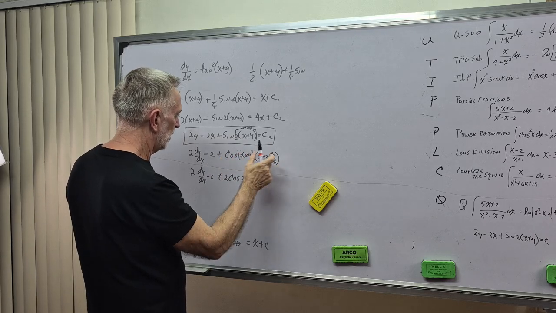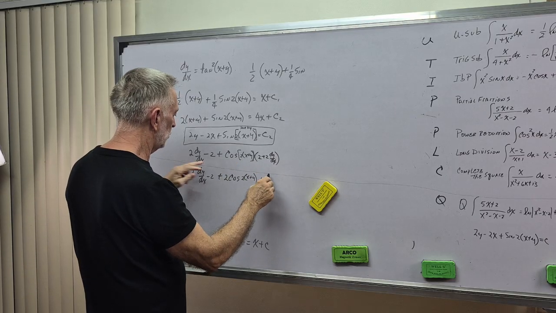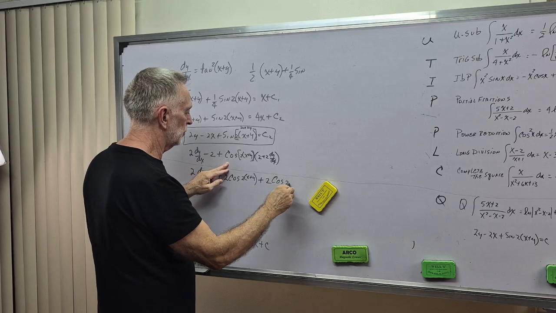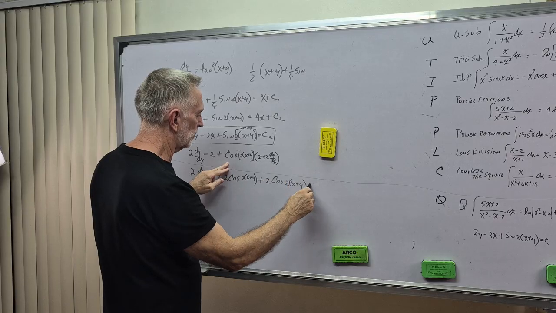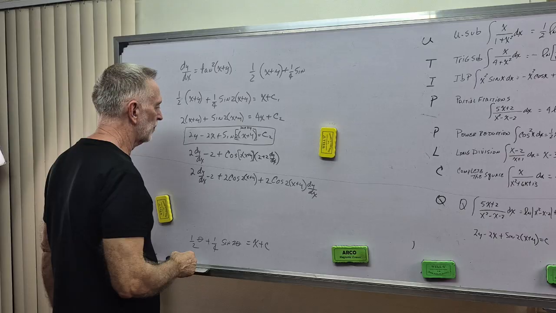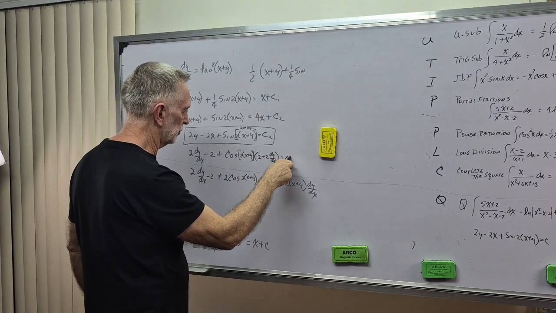And then plus 2, I'll put the 2 on the outside, cosine(2x plus y) dy/dx. Oh, and when we took the derivative, obviously the derivative of that was 0.